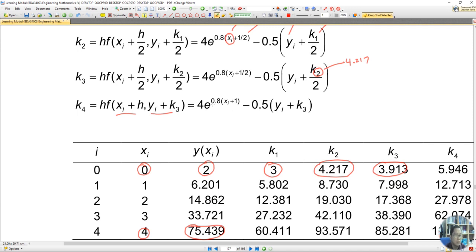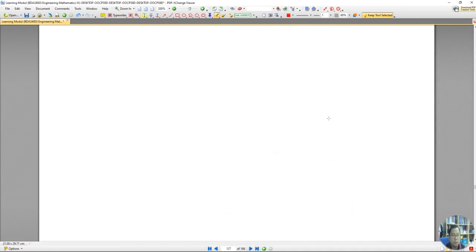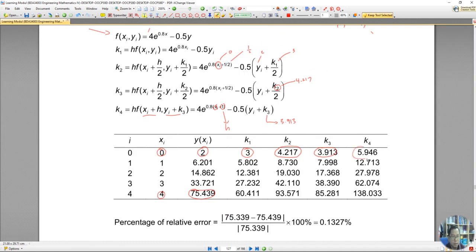So for any x you have to add h. H is 1. And y you have to add with the k3 value. K3 value is 3.913, so you have to replace with 3.913. That's it, and then you will get this number.